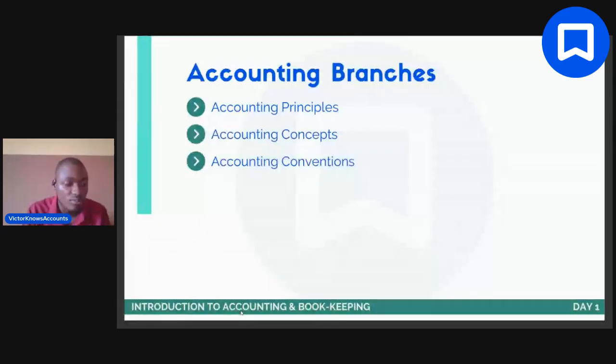The first one that I will be talking about is auditing. What is auditing? Auditing is a function carried out by an accountant. It is generally an independent examination of the financial information of an organization in order to give an opinion on the fairness and accuracy of the financial statements.